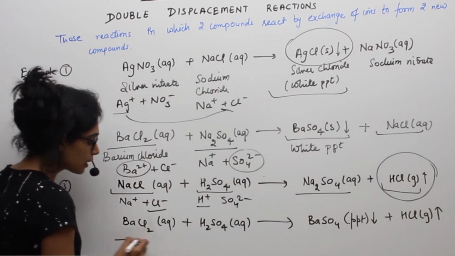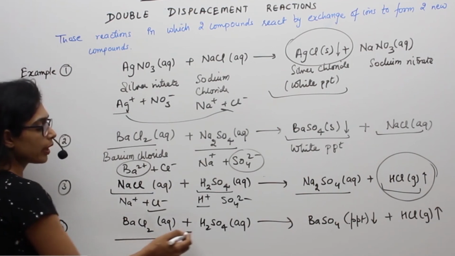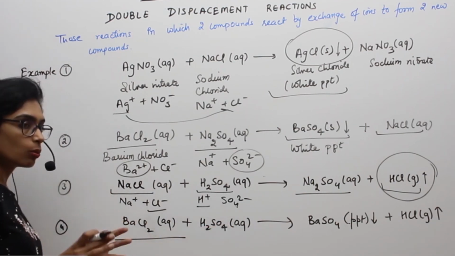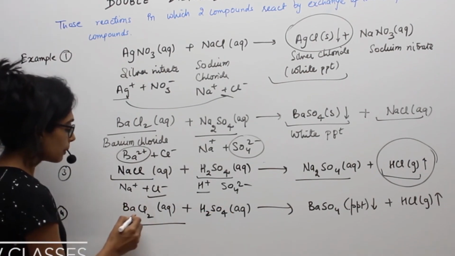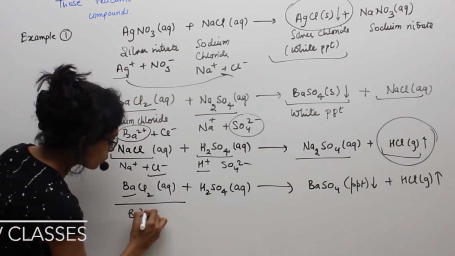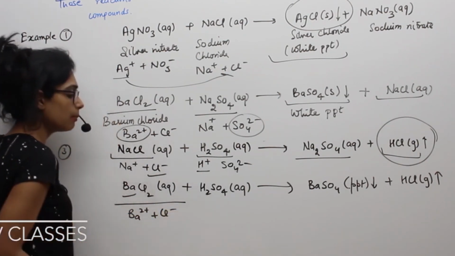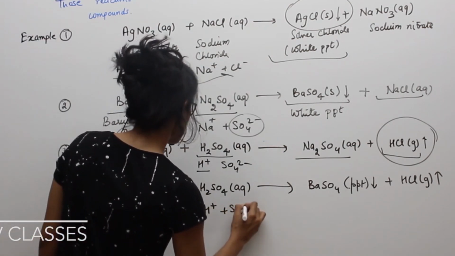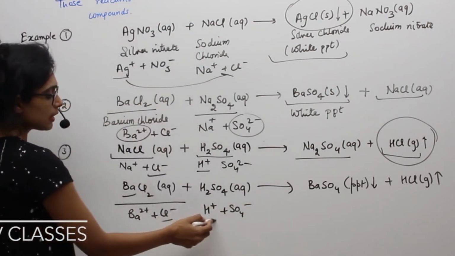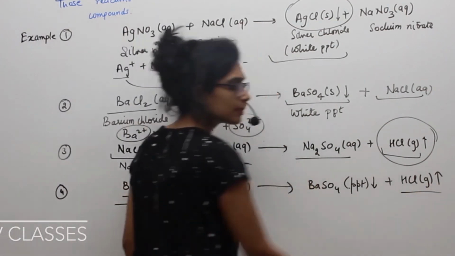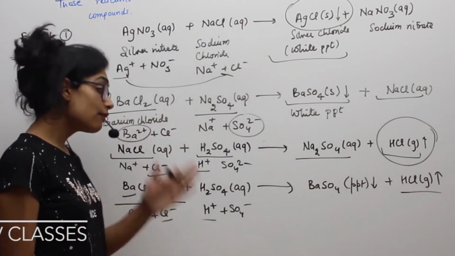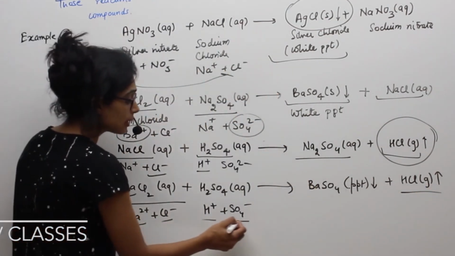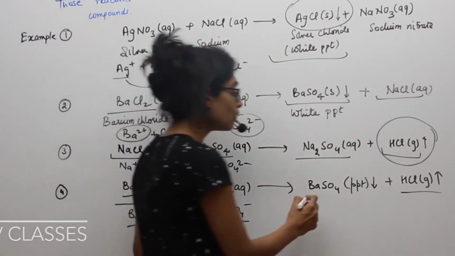Now let's look at the fourth example where I have taken barium chloride with H2SO4. Both are dissolved in the water, so both are in the aqueous form. BaCl2 will break down as Ba2 plus and Cl minus. Similarly, H2SO4 will break down as H plus and SO4 minus. So let's say H plus and Cl minus go together, they'll form gas and will escape out of the system. In fact, barium and sulfate ion will also combine and will form a precipitate.